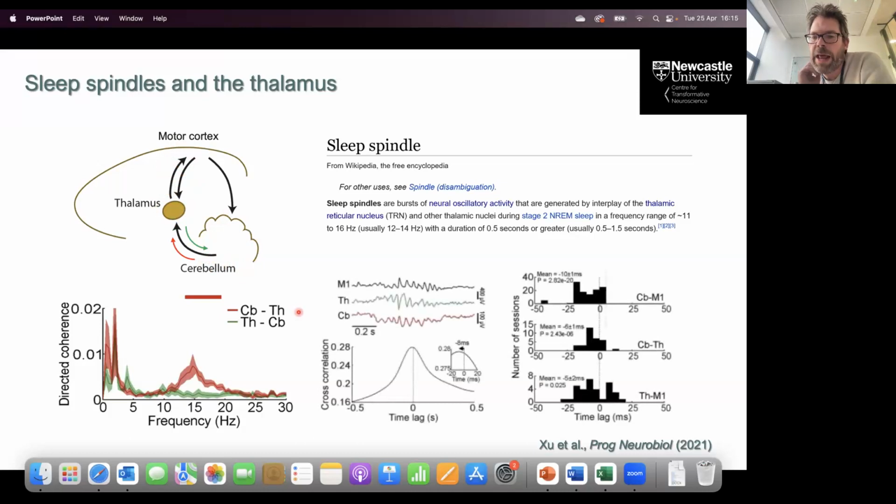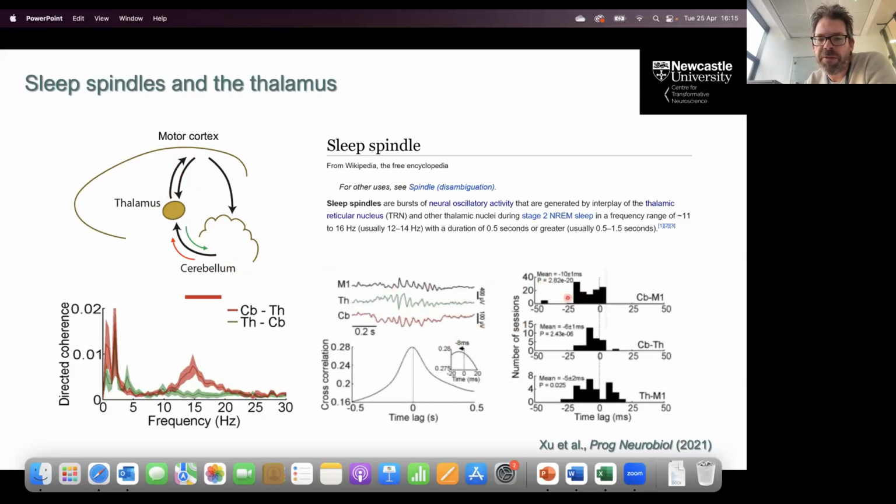We also did an analysis to look at the relative timing of the amplitude envelope of the spindle oscillations. Did one start or peak slightly before another? This is showing the result of cross-correlating the amplitude envelopes in the spindle band.